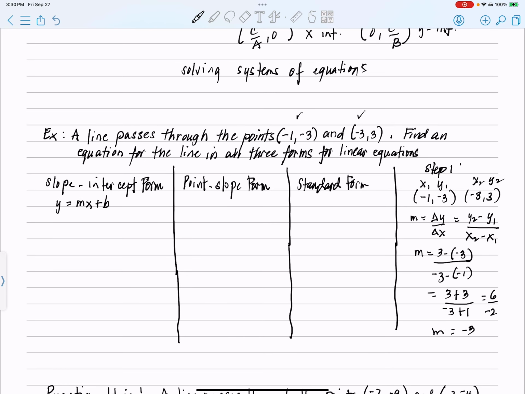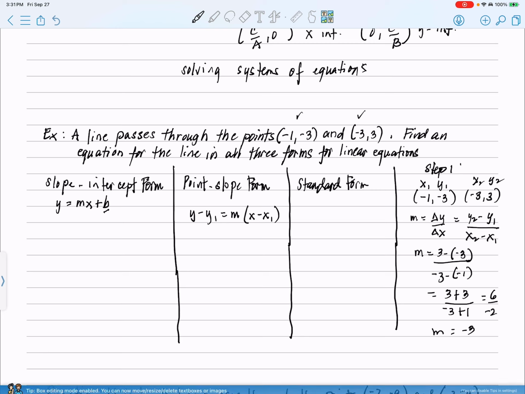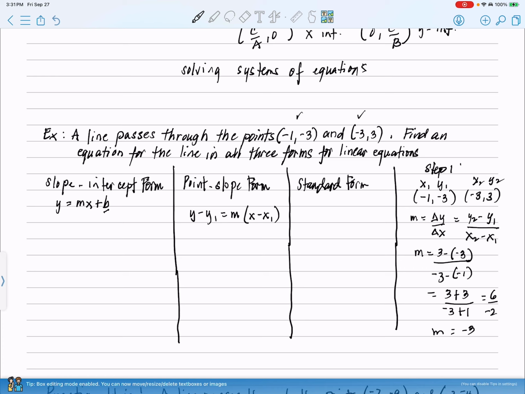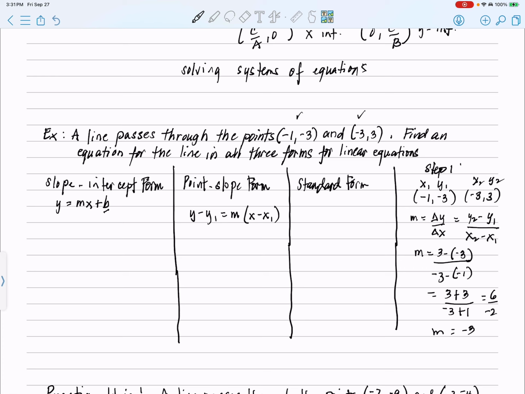So what is the point-slope form? y minus y1 equals m times x minus x sub 1. Why am I using this? Since we don't have the y-intercept here for the slope-intercept form, I will do the point-slope form, and then I will derive the slope-intercept form from the point-slope form. I'm going to use the first point here.